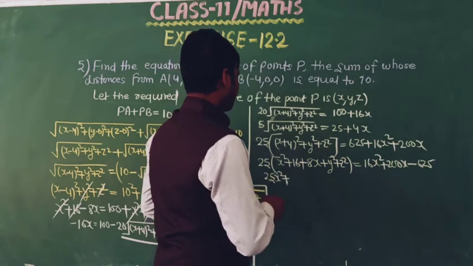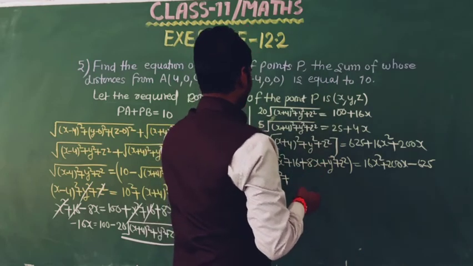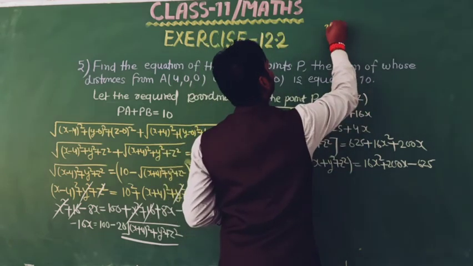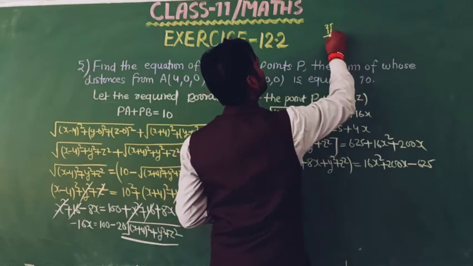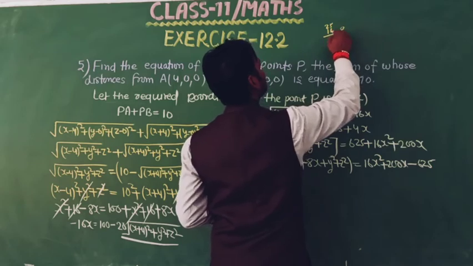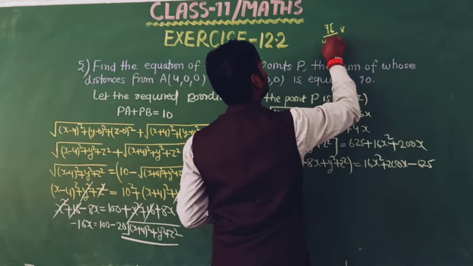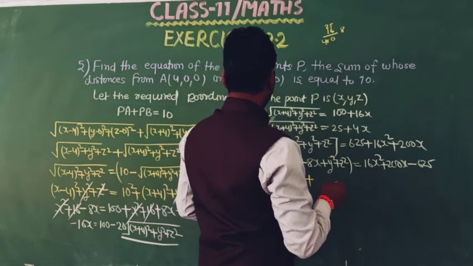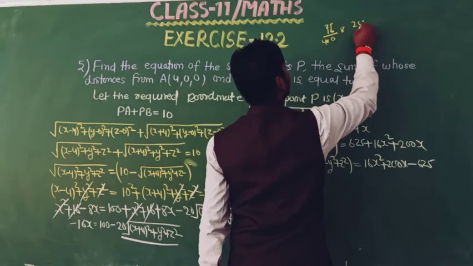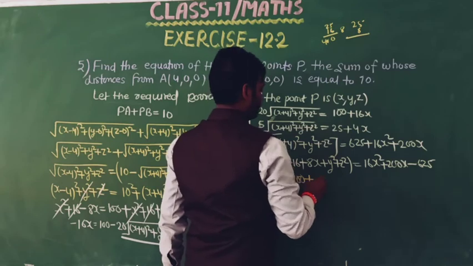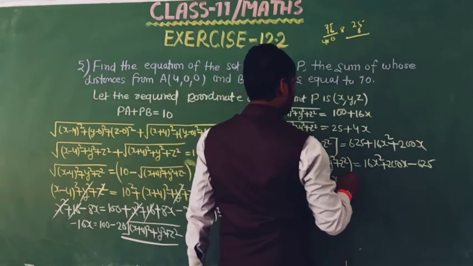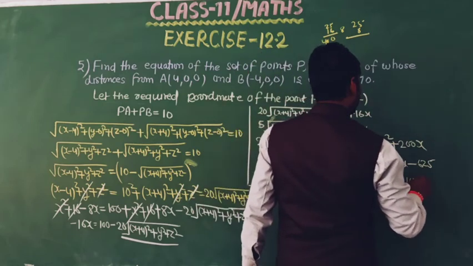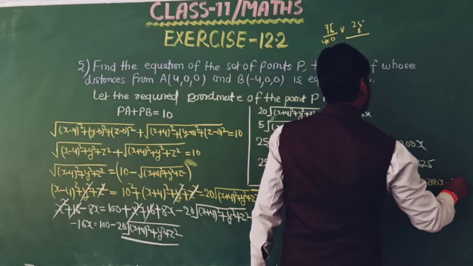So this is 25x square plus 25 into 16, that is 400, plus 25 into 8, so this is 200x, plus 25y square plus 25z square equal to 16x square plus 200x plus 625.